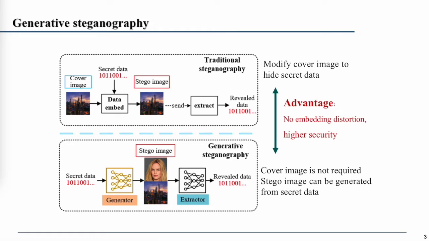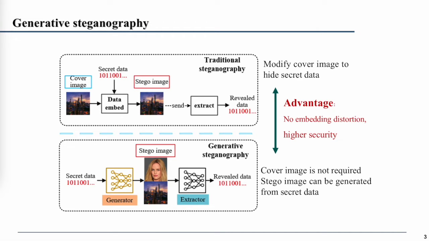The upper framework is traditional steganography and the lower framework is generative steganography. Traditional steganography hides secret data through modifying cover image, while generative steganography does not need cover image. In generative steganography, the generator and the extractor are 2 independent neural networks. The generator directly generates a realistic stego image through secret data, and the extractor can extract secret data from the stego image.